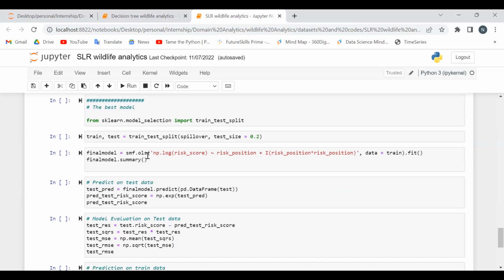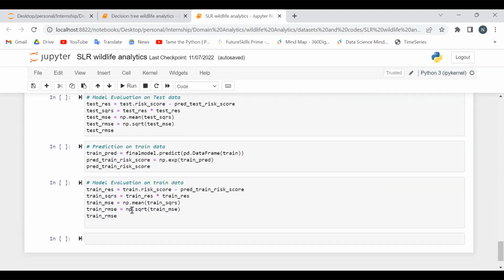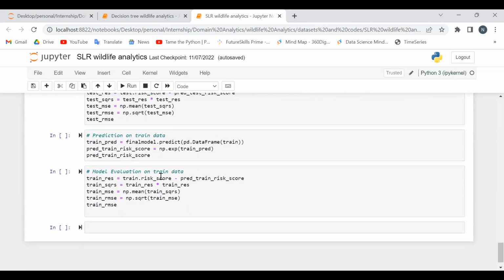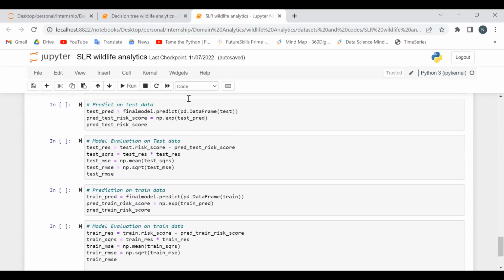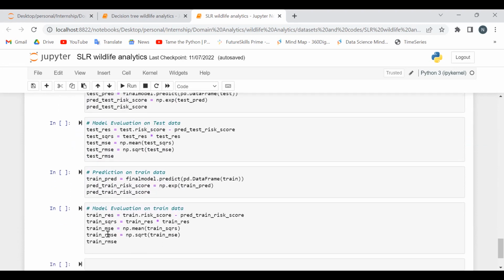Is a final. We fit the model and get the final predictions. We get the prediction on test data and prediction on train data, and model evaluation on test data as well as model evaluation on train data.